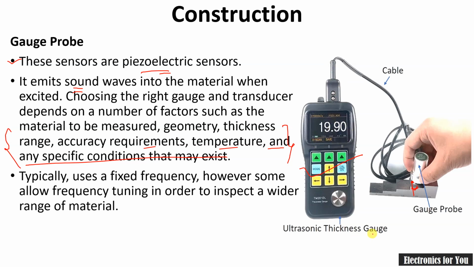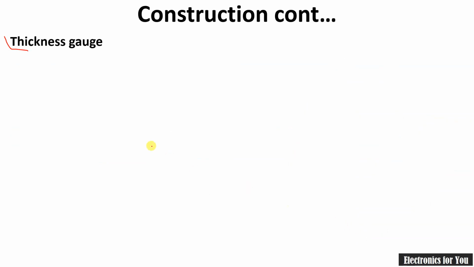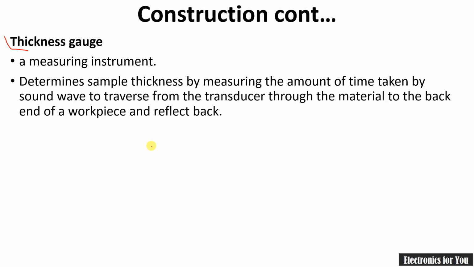As it is a gauge, or we can say a meter, it is used to measure the thickness. Whatever the output from the probe, we will collect it and see the change in the output. In this case, we measure the time taken by the sound wave to travel from the transducer through the material to the back end of the workpiece and reflect back.